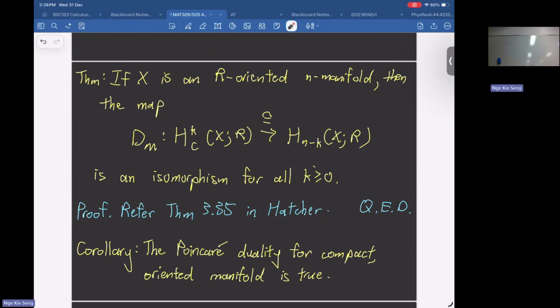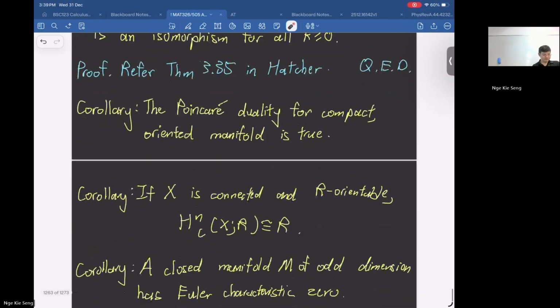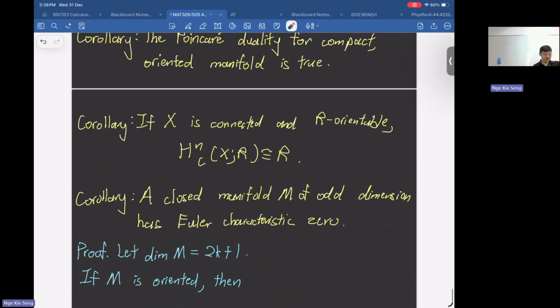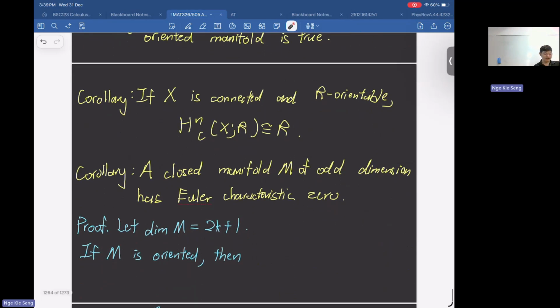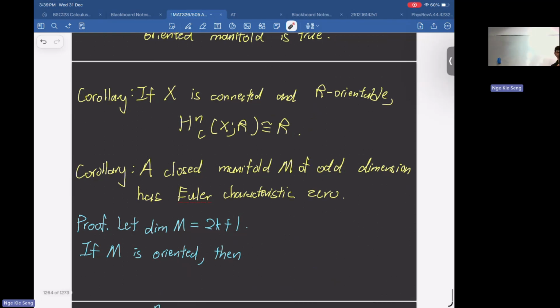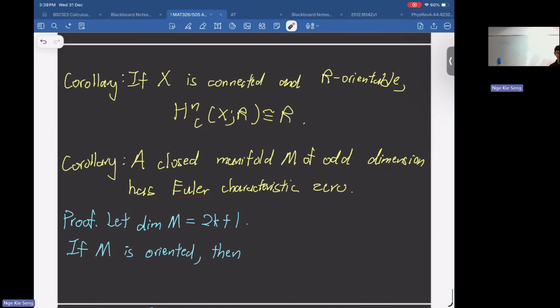You only have compactly supported cohomology that has duality. Then a corollary, which I think is very useful even in your differential manifold: the top cohomology is just R itself, one dimensional. I think one dimensional is the most important part.